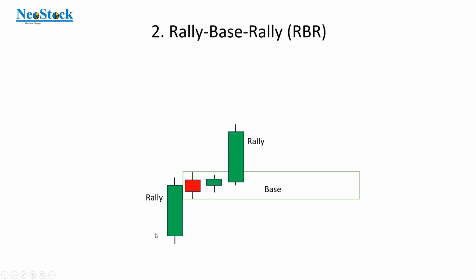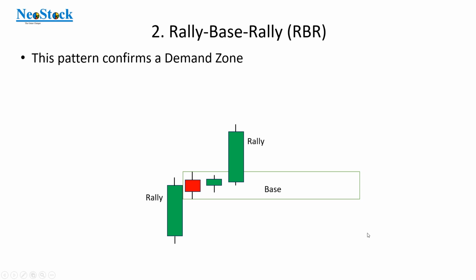That is the reason why this pattern is named rally base rally. So leg-in is rally and leg-out is rally. We already discussed, if the leg-out is a rally, it always confirms a demand zone. So that's why this pattern confirms a demand zone.